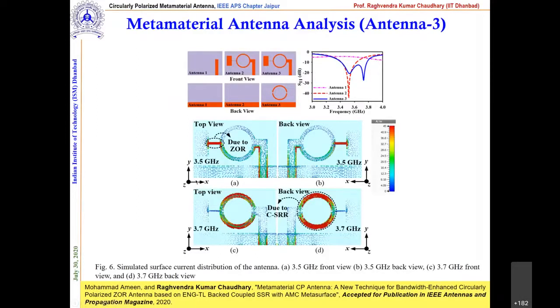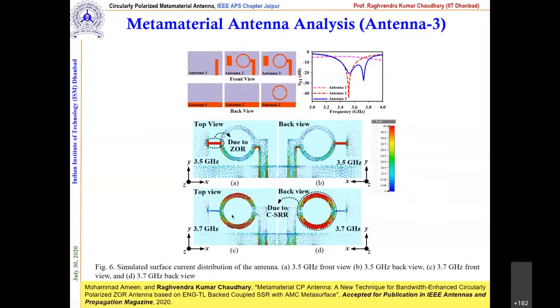If you plot at 3.7 gigahertz and see the back view, the single split resonator is responsible for all of this. So we can say that these two resonances can be controlled individually: the upper antenna geometry and this loading element.